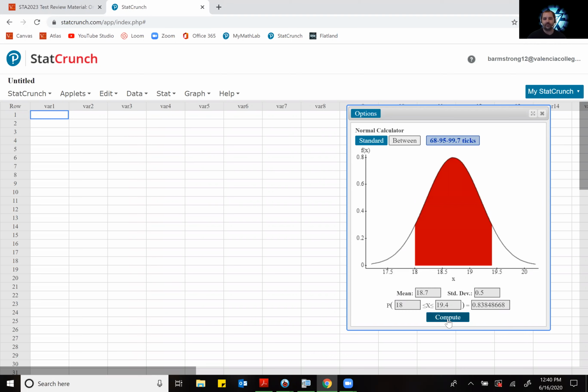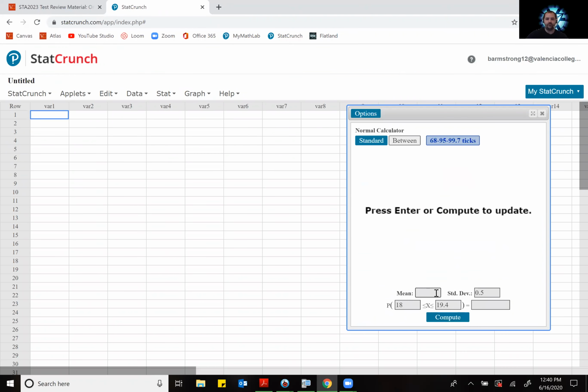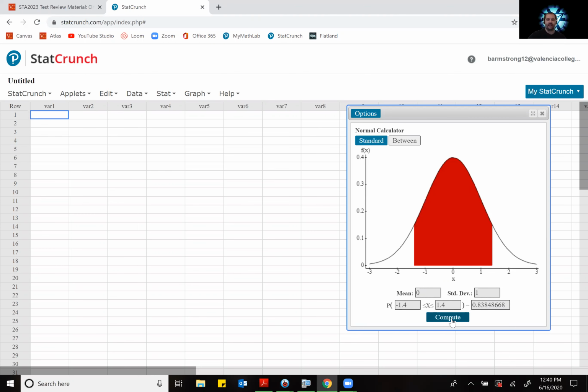And there you go. Same information. Or again, you could do this in normal. 0, 1, negative 1.4, positive 1.4. Same information.